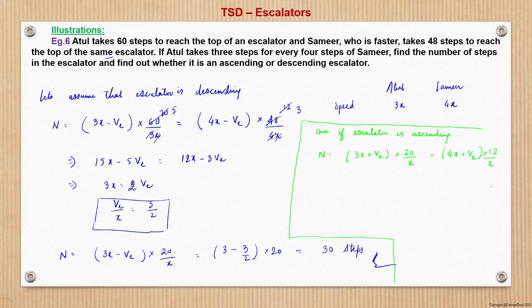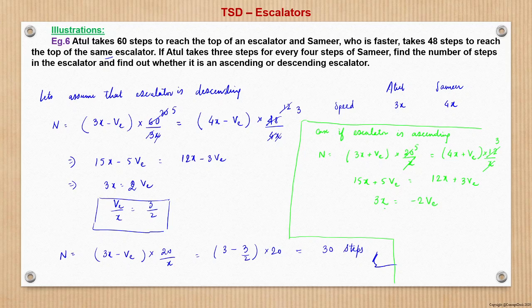Now see here, if we solve this, we will get 4 3 ja, 4 5 ja, 15x plus 5v is equal to 12x plus 3v. Now see this, here we will get a relation which is negative. So from here we will get 3x is equal to minus 2v.